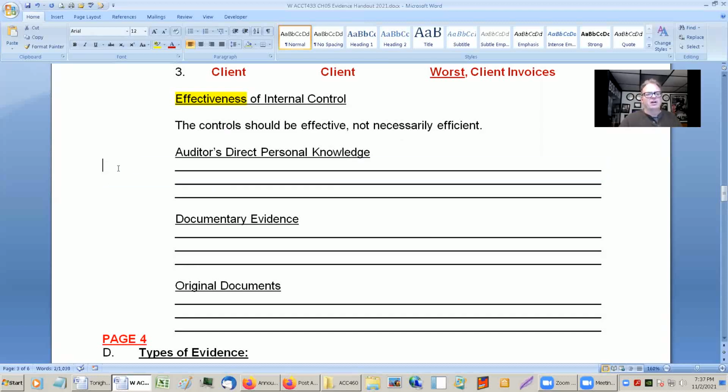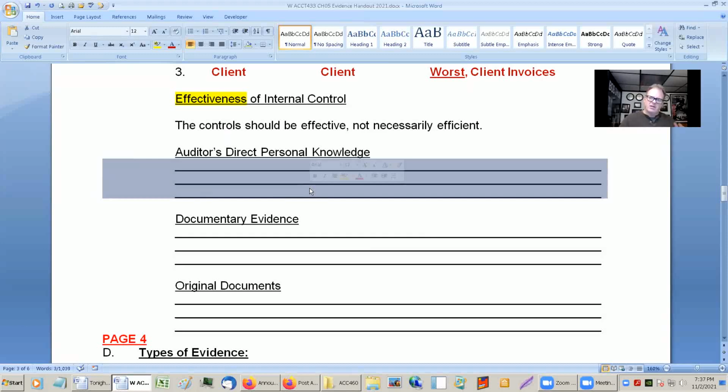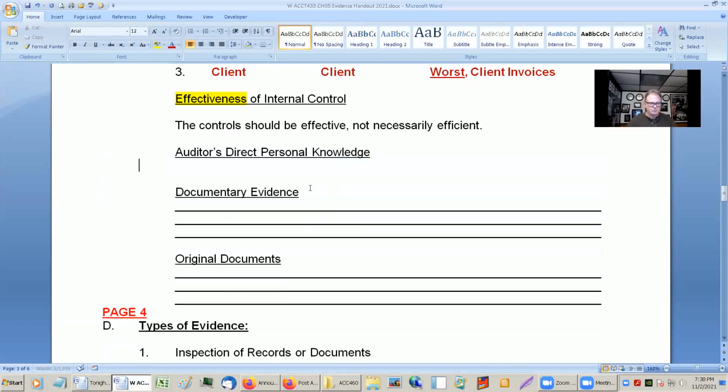Okay, this one, an auditor's direct personal knowledge is better than evidence received secondhand. So if you are doing calculations, if you're observing, those types of things, reperforming the different tasks, the things that the auditor gets directly are more persuasive than things that are obtained otherwise.